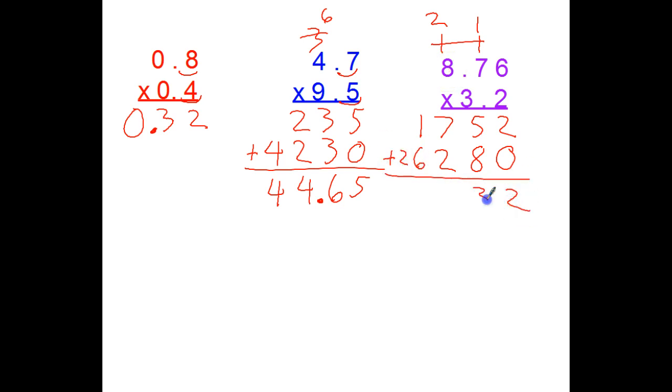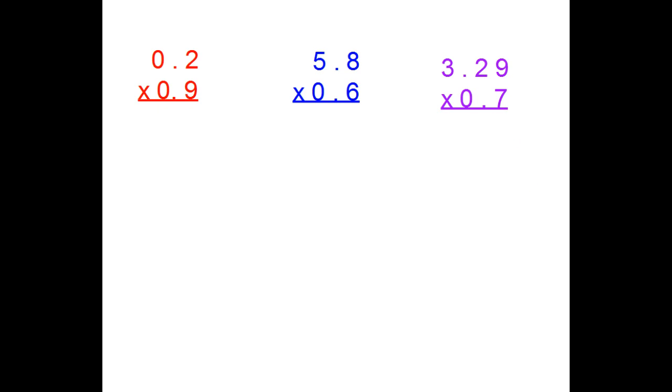I got a 2, 13, carry my 1, 8, 10, carry my 1, 8 with the 2 in the front. 1, 2, 3 spots over. 28.032. And when I check out my whole number part, 8 times 3 is 24. I'm pretty close to it. Try it out again on your own after you stop the video.